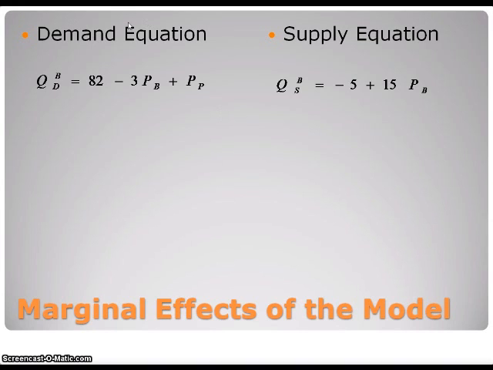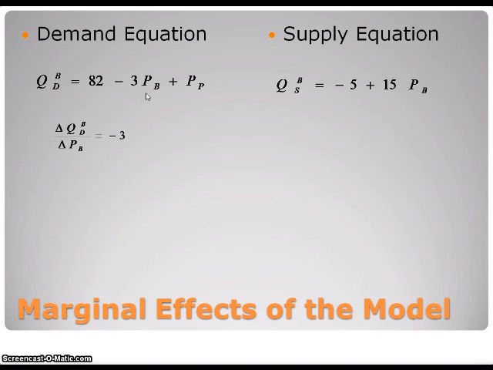If we turn our attention to the demand equation, the first marginal effect would look like this. It would be read as the change in the quantity demanded of beef divided by the change in the price of beef is equal to -3. Again, this is the slope of the equation holding everything else constant.